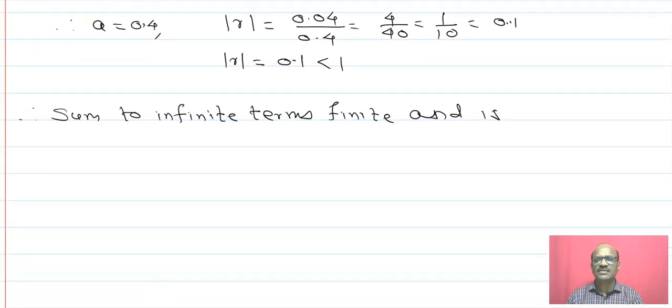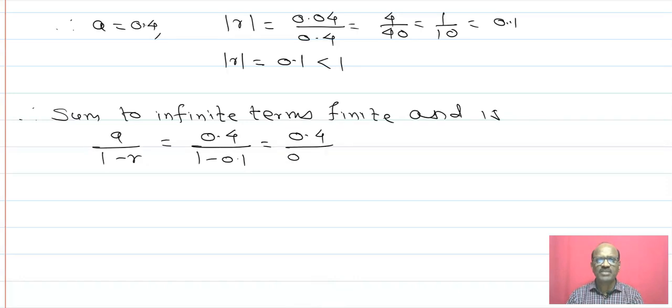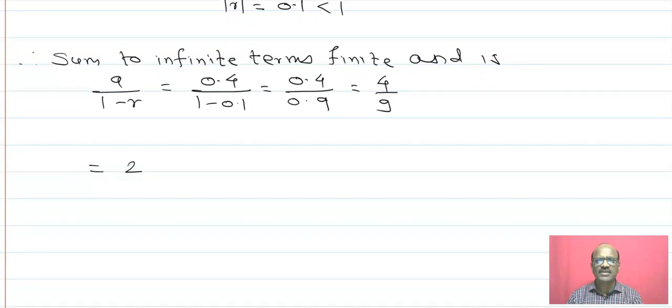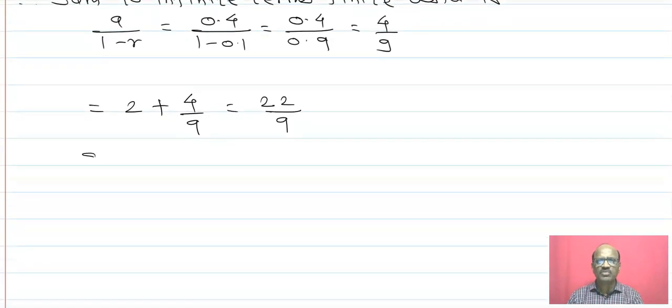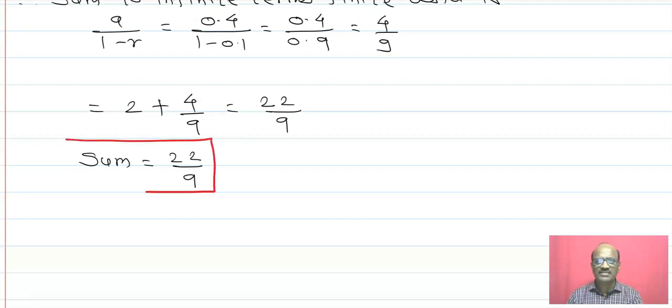And s is equal to again a upon 1 minus r. That is, the value of a is 0.4 upon 1 minus 0.1, that is 0.4 upon 0.9, which is 4 upon 9. And therefore, first of all we have the number 2, therefore 2 plus 4 upon 9, which is 22 upon 9.